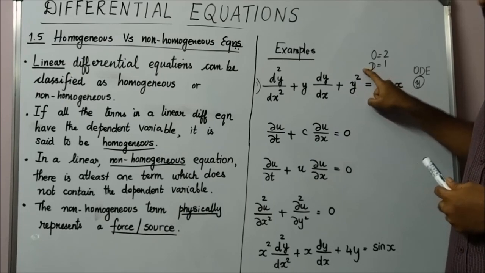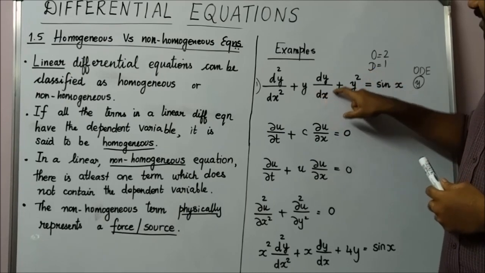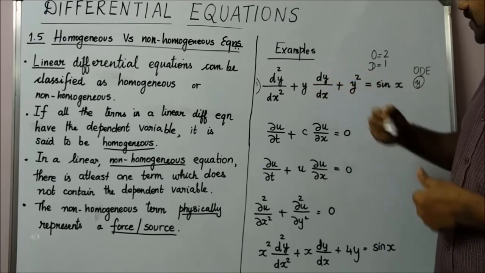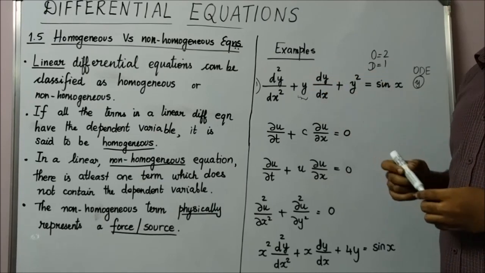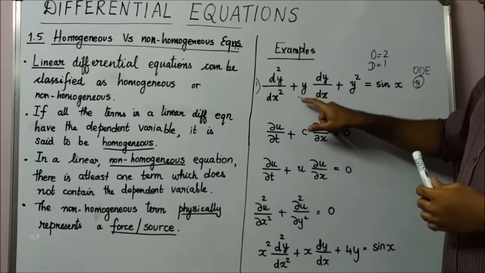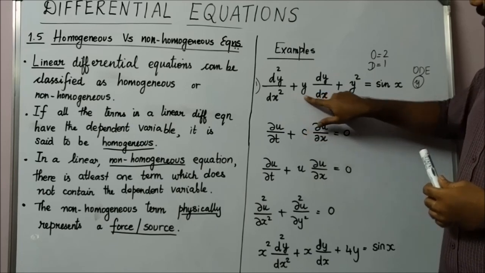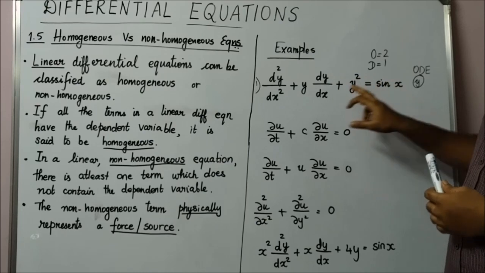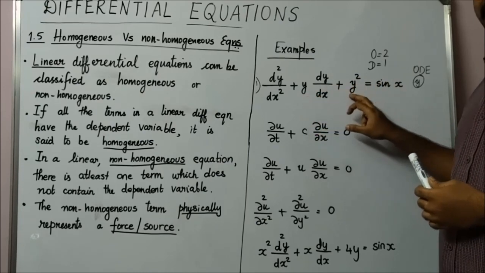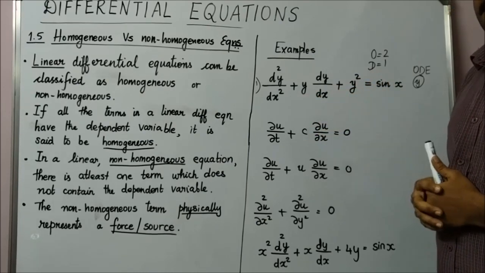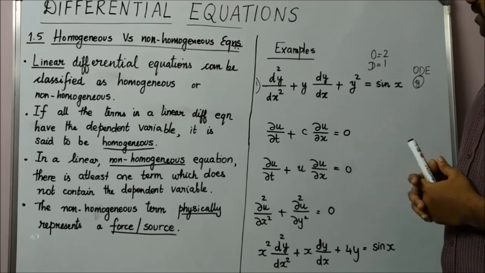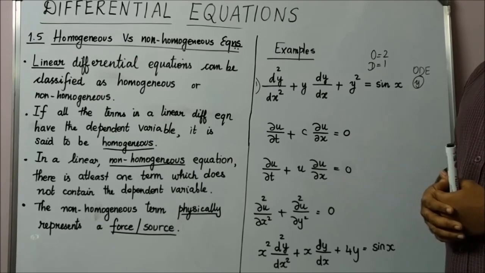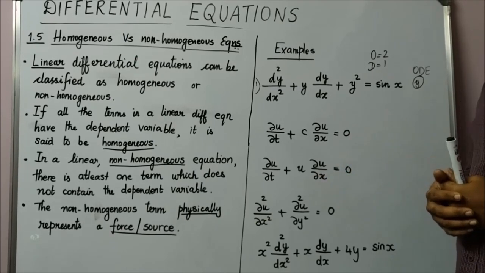This is definitely a non-linear term. And you see that the dy by dx term has a coefficient which is the dependent variable. So again, this term is also a non-linear term. So there are two non-linear terms, this and that. This is a linear term, that's a linear term, but because of these two non-linear terms, this equation is non-linear. And if it is non-linear, we won't worry about classifying it into homogeneous or non-homogeneous.